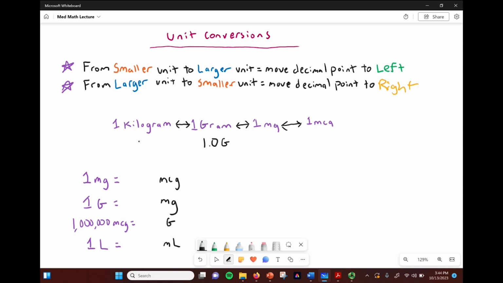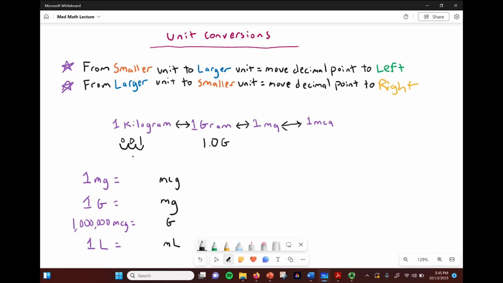So what I'll do is I'm just going to draw a 1. And right here where my pointer is, that's where the decimal point would be if this was 1 gram. We're going to move it, in this case for a kilogram, 3 positions, 1, 2, 3, 3 positions over. So I'm going to draw a 0 and a 0 there to fill this in.